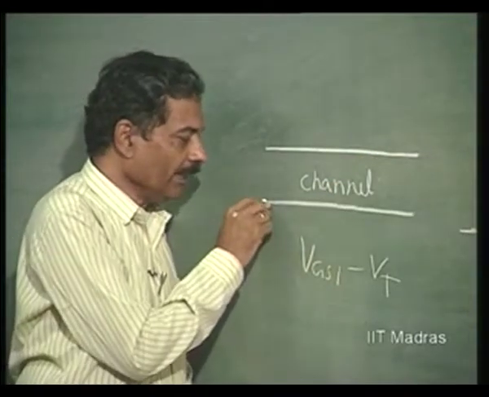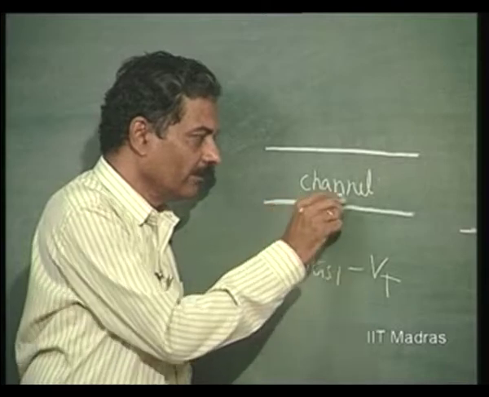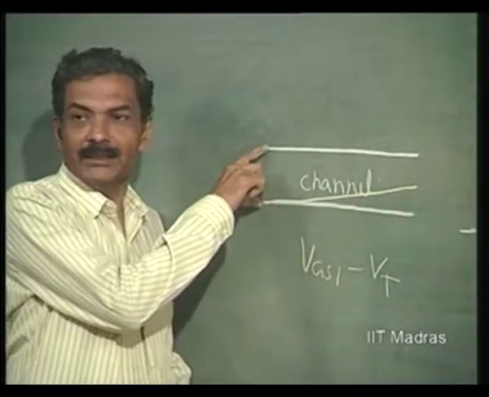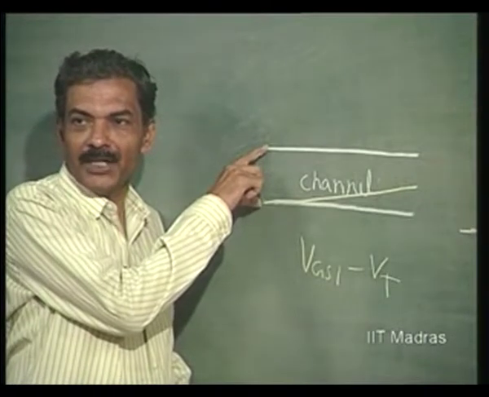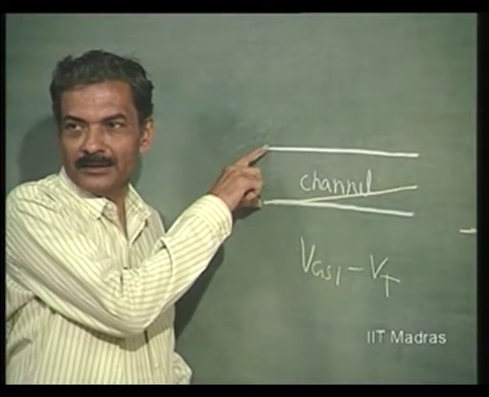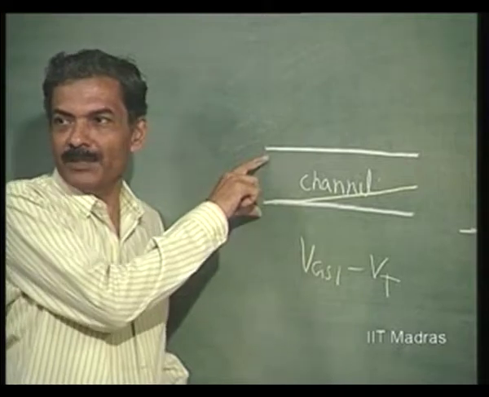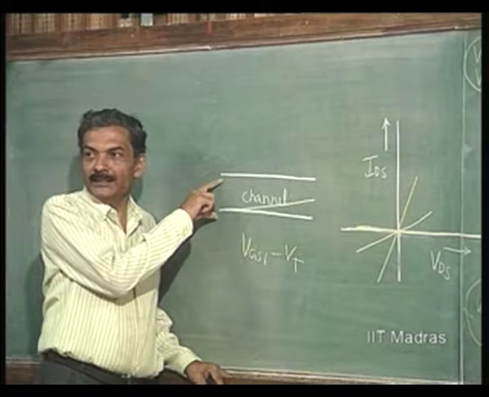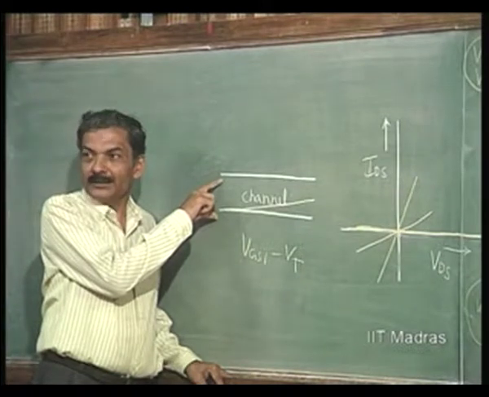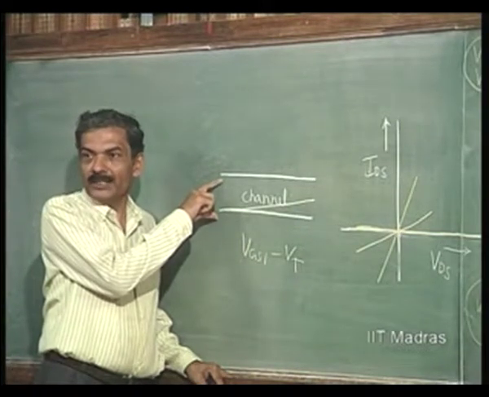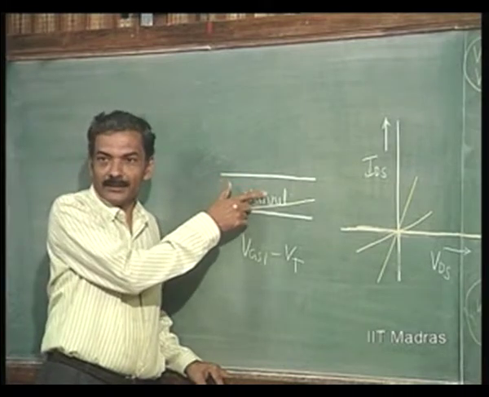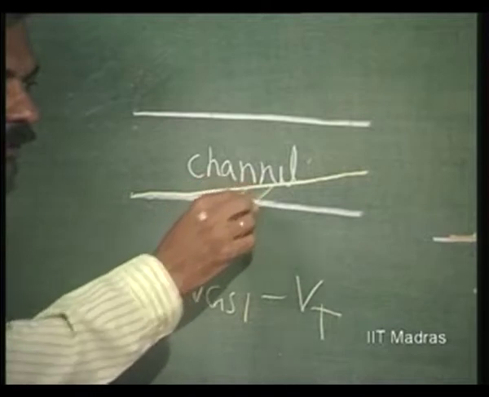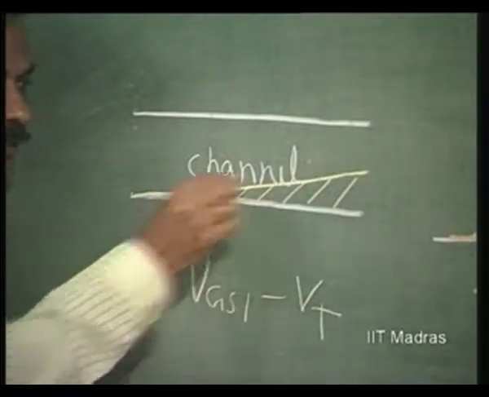Now, as I apply more and more value of VDS, this remains the same, nothing has changed here. This width corresponds to simply VGS minus VT, whereas VDG is changing because VDS is increasing. Therefore, the width on this side will decrease. This is what happens.